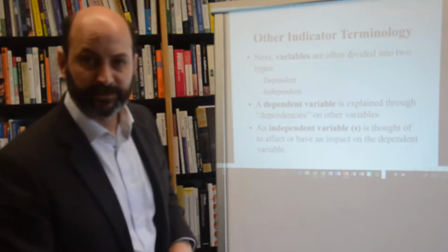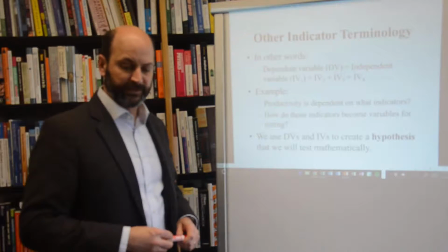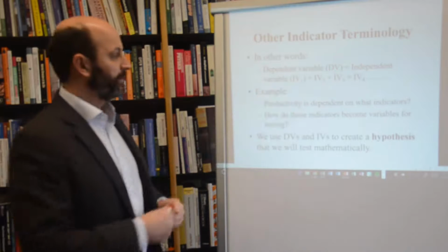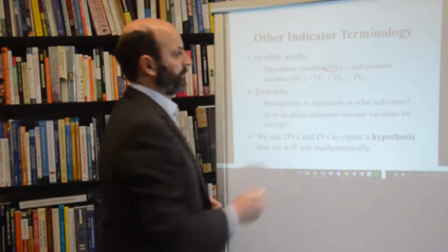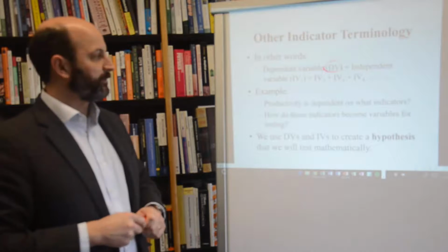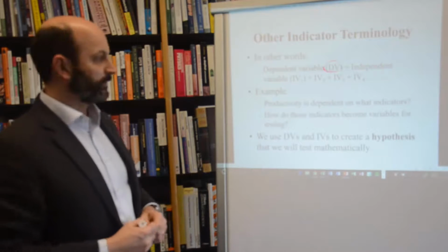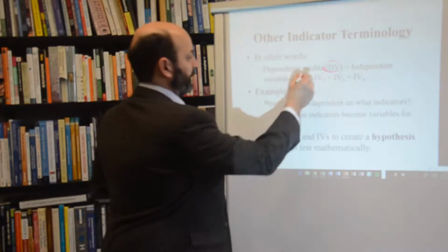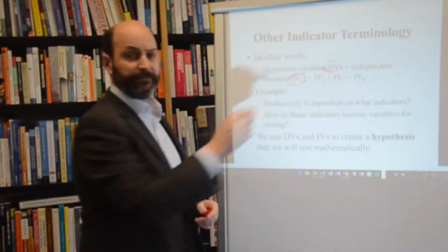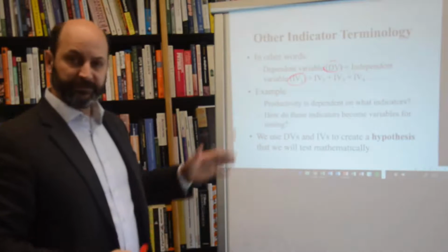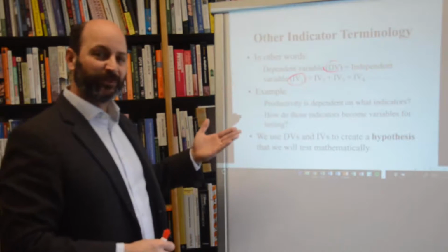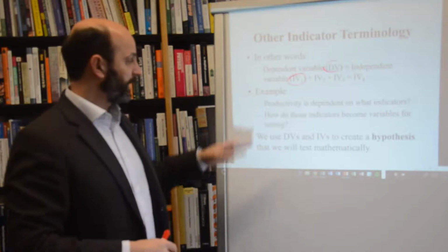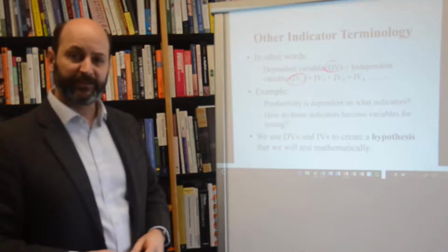I'm going to walk through an example here so you can see different ways we look at these. So in other words, dependent variable, we typically use this abbreviation for dependent variable, equals, as an equation, independent variable, for example, IV1, IV2, 3, 4, and so on. Okay? To give you an example based on what we've been saying for the whole lecture here, productivity is dependent on what indicators, all right, and how do those indicators become variables for testing?